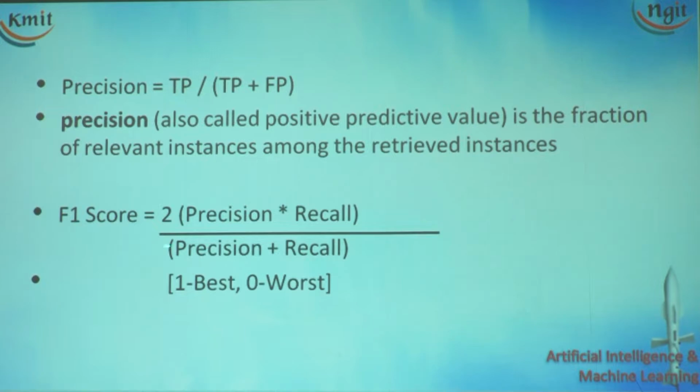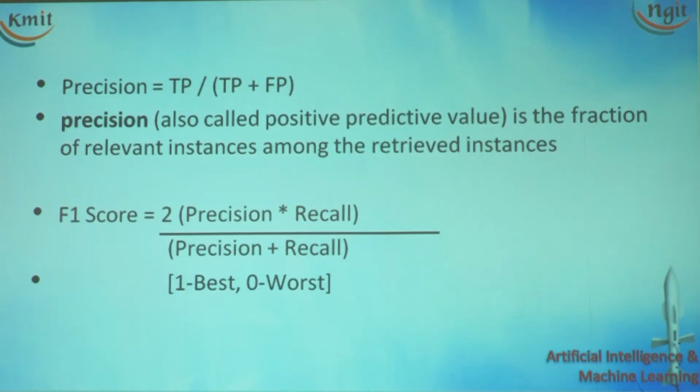And F1 score. F1 score is 2 into precision into recall by precision plus recall. You may get the F1 score, and which is the best? 1. If you get the F1 score 1, then we can conclude that it is the best fit. 1 means best, 0 is the worst.